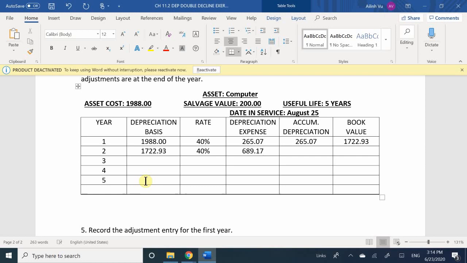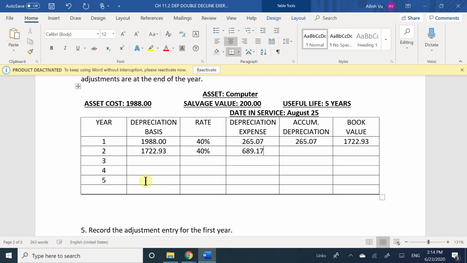And you want to add that to your previous year's depreciation of 265.07. Okay, depreciation expense, I got 689.17, plus the previous year, 265.07, and I got 954.42 for the accumulated depreciation.